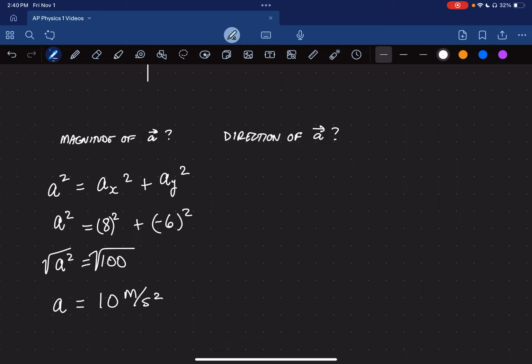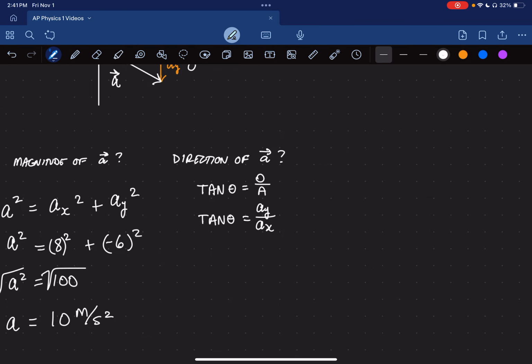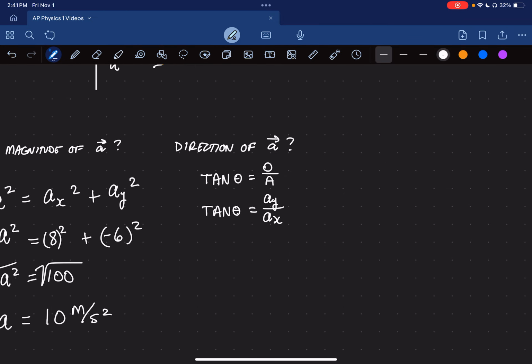Now we need to know the direction of the acceleration. But I'm noticing something here. If this is theta, this is opposite, and this is adjacent. And so I'm remembering my trig functions, that tangent of theta is opposite over adjacent, or the tangent of theta is ay over ax. And so we can solve this for theta.